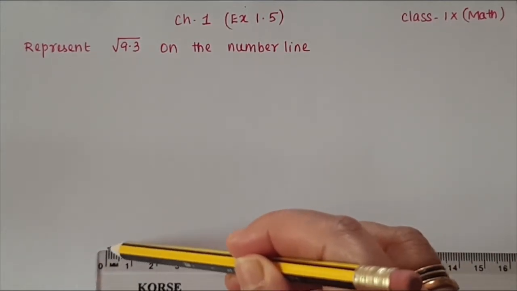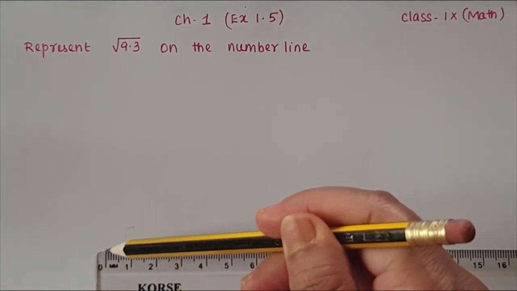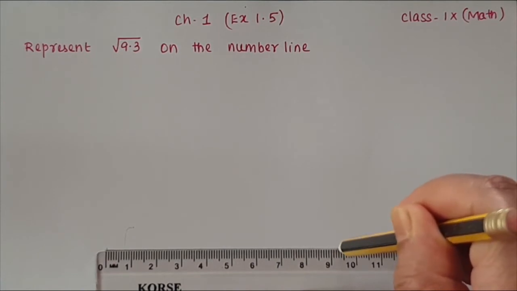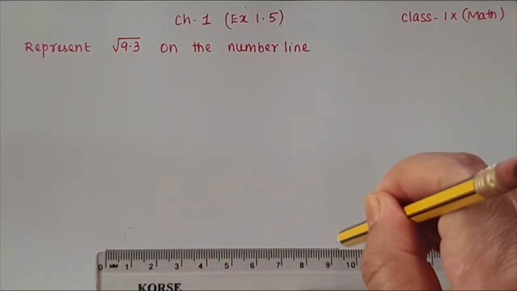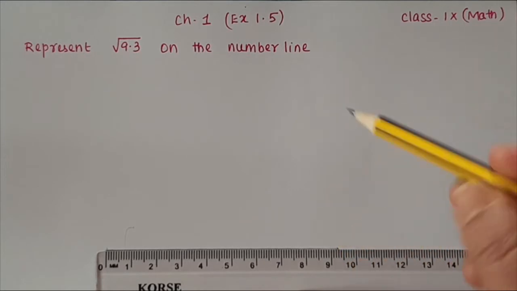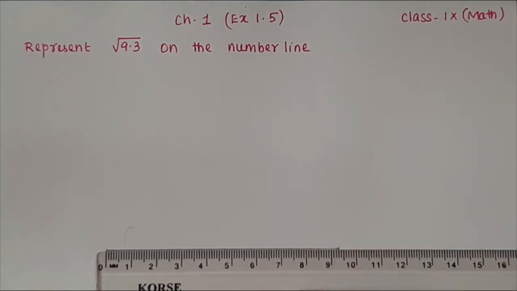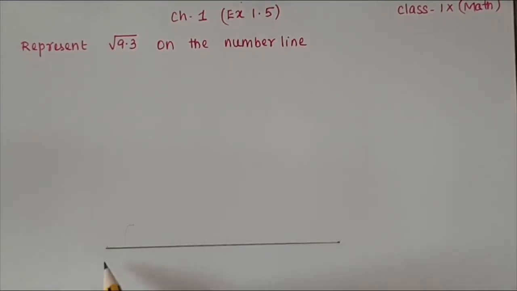So from here, nine point three units. So AB is equal to 9.3 units.